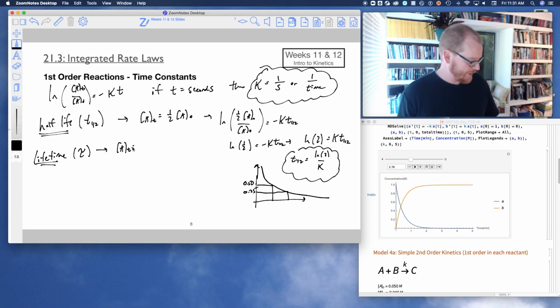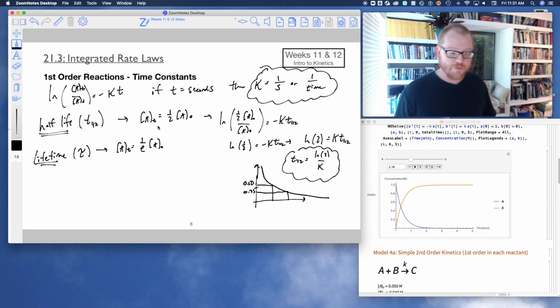A at time t equals 1 over e times A0, where e, we remember, is the natural number e, 2.78 something or other, right? So why is that useful?